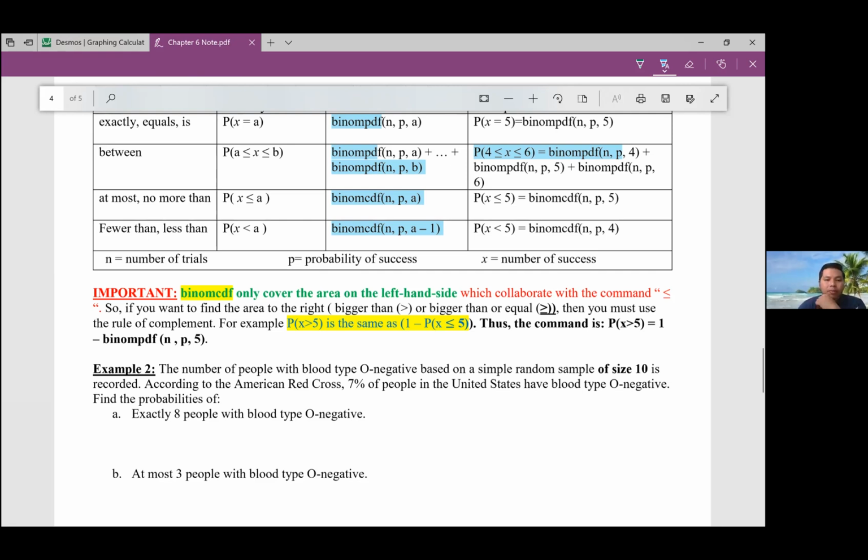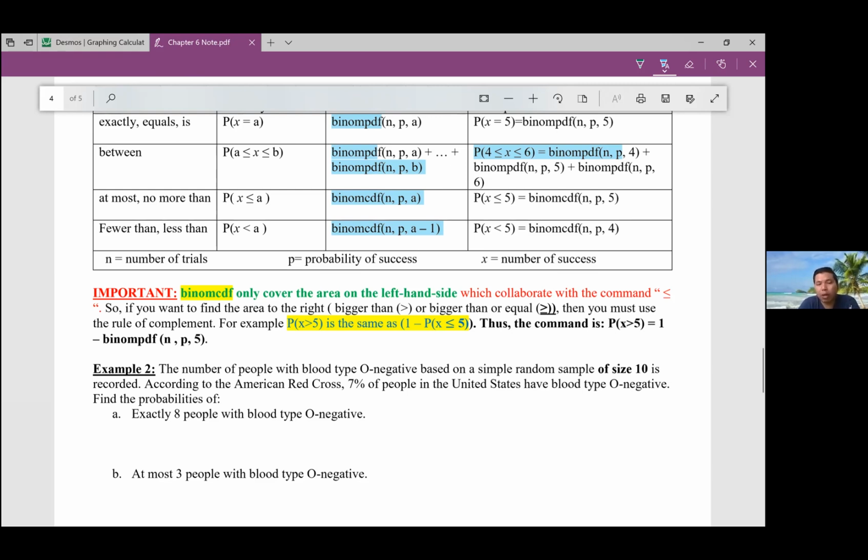All right, so what happens if we have bigger than? Then we have no other option besides the rule of complement. binomcdf only covers the area on the left-hand side, which goes with the command less than or equal. So if we want to find the area to the right, bigger than or even bigger than or equal to, we must use the rule of complement.